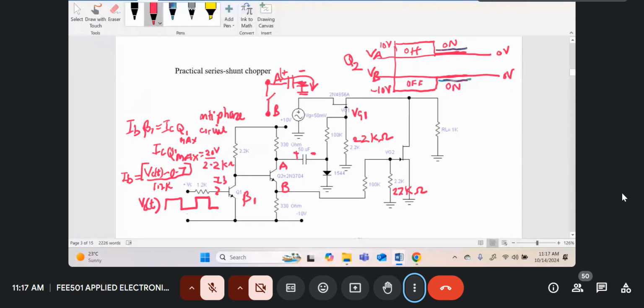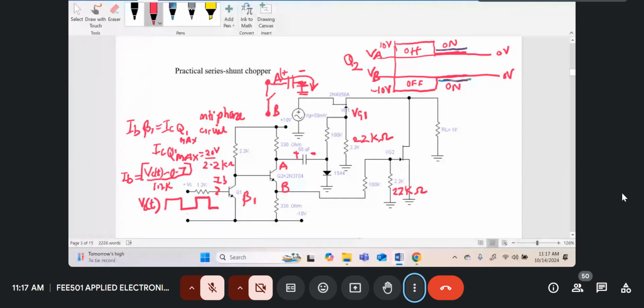So it must mean that initially when transistor Q2 was off, the 50 microfarad capacitor had charged with the left side positive, almost 10 volts.